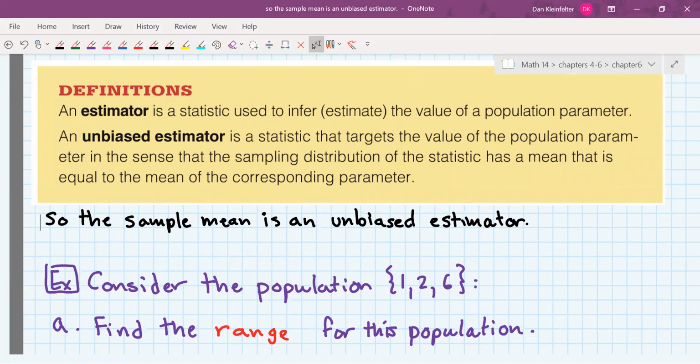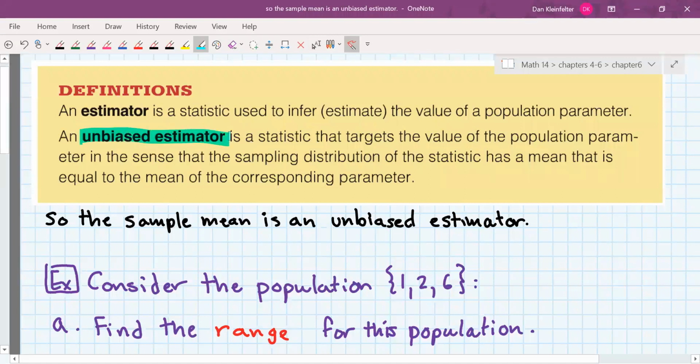So the range or the mean or the variance, we can look at a sample range, mean, or variance and use that to tell us something about the population mean or variance or range. The sample statistic may or may not represent the population parameter well. If it represents it well, it's an unbiased estimator.